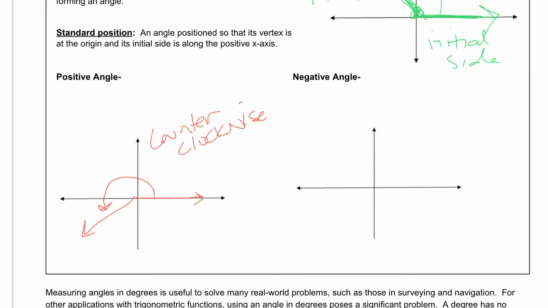Our negative angles are going to rotate clockwise. So we are going to start in the same spot in this positive direction of the x-axis. And then if we come here to that terminal side, we are now rotating this way, which is going to be a negative rotation, a negative angle. And again, negative angles go clockwise.